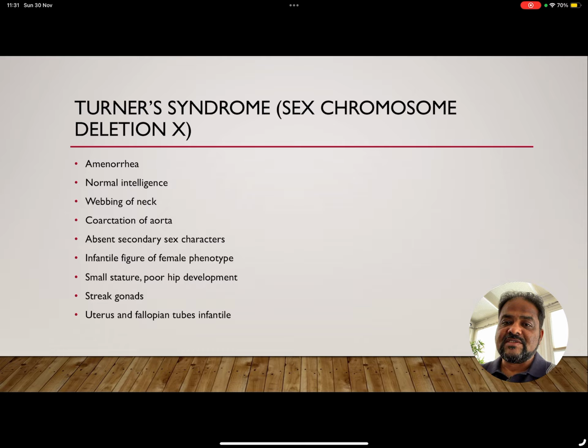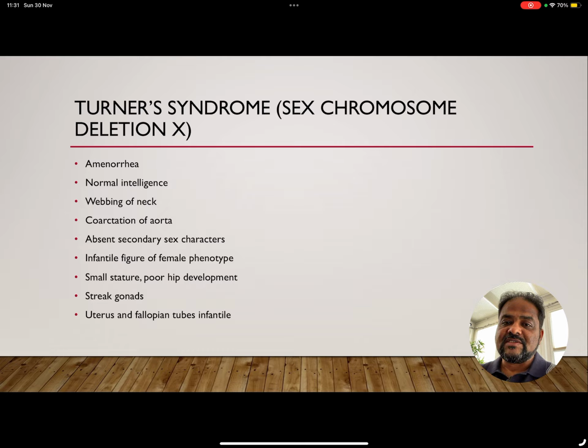Sometimes there is a partial deletion or mosaicism, in which case a milder version of Turner syndrome can be seen. In these cases, ovaries can develop and menstruation can occur, and depending on the degree of mosaicism, they will be menstruating up to a certain age.